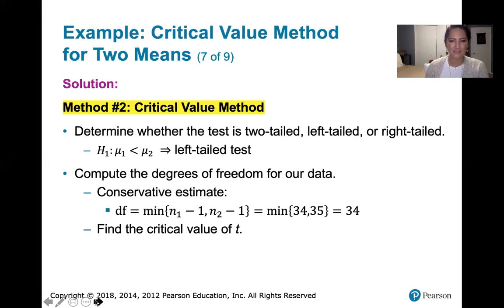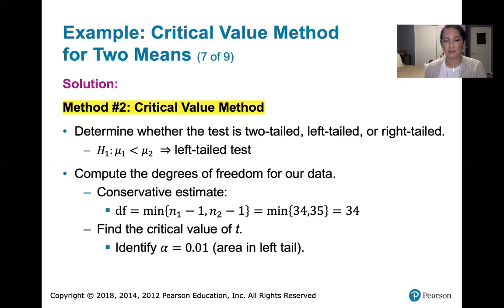Okay. Now, once you have that conservative estimate of the number of degrees of freedom, you can use it to find the critical value of t. And if we don't have access to technology, what I would recommend you do is identify alpha. And then since it's a left-tailed test, the area in the left tail will be equal to our significance level alpha, which was given in the problem statement as 0.01.